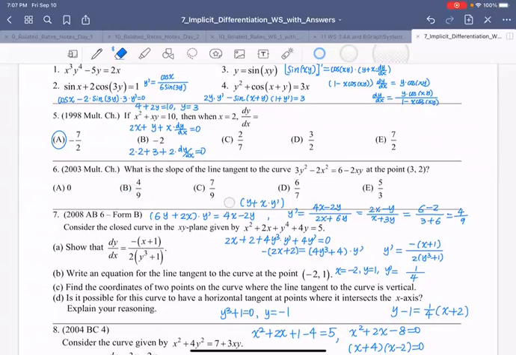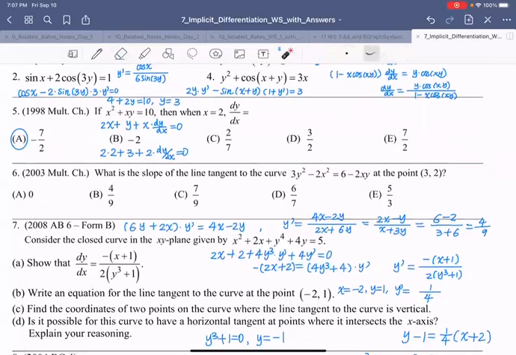Angela, let's do number 6. They ask for the slope of the line, so you want to use the implicit method. Go ahead, please.